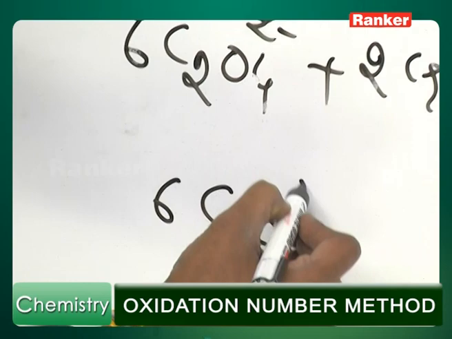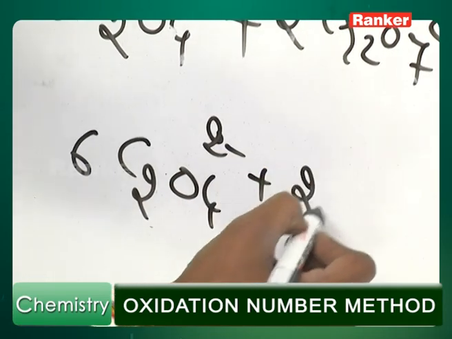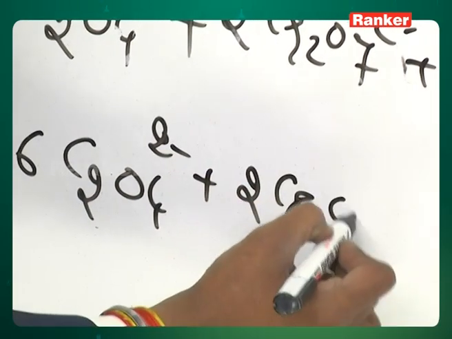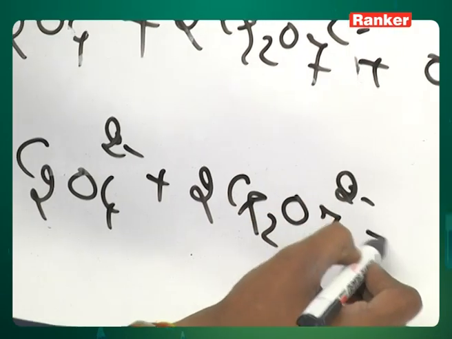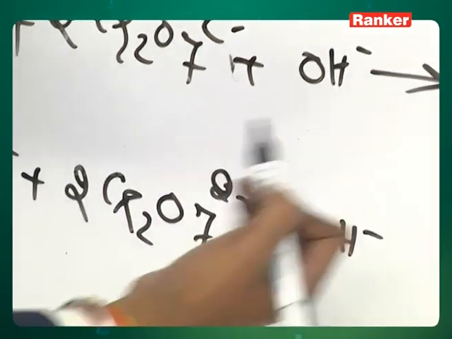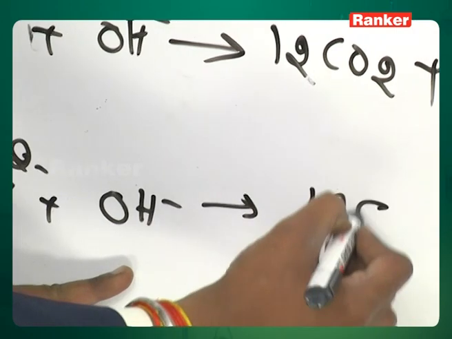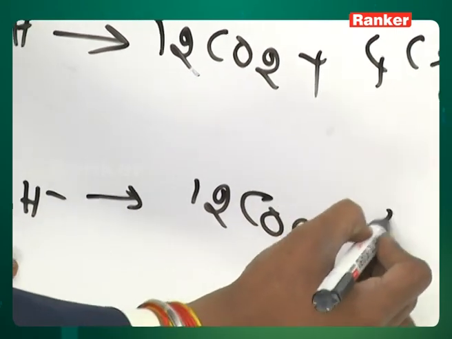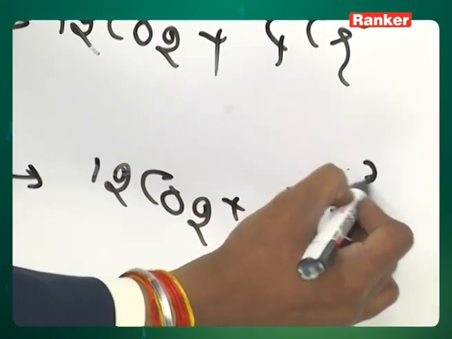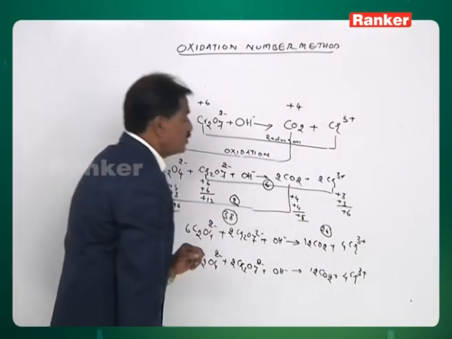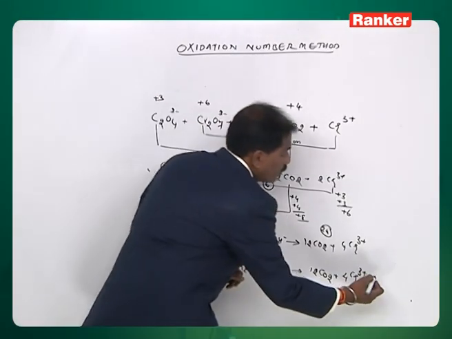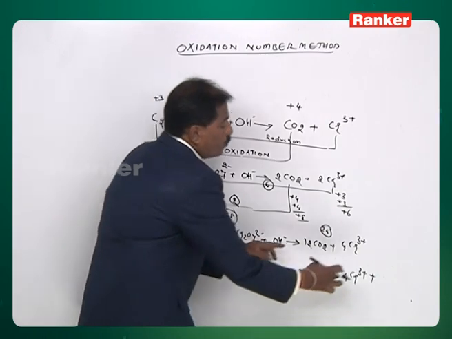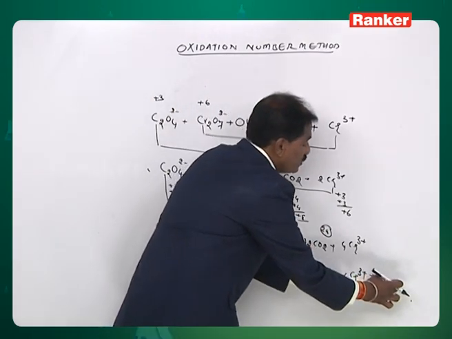6 C2O4 2 minus plus 2 Cr2O7 2 minus plus OH minus, gives 12 CO2 plus 4 Cr3 plus. 14 H2O molecules have to be added.